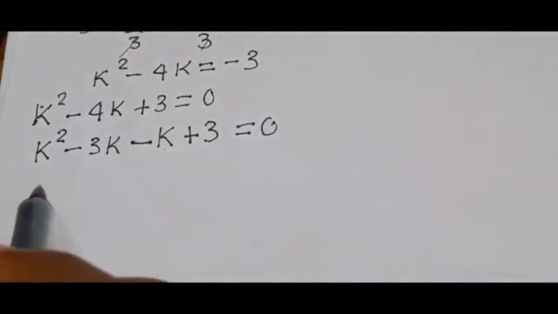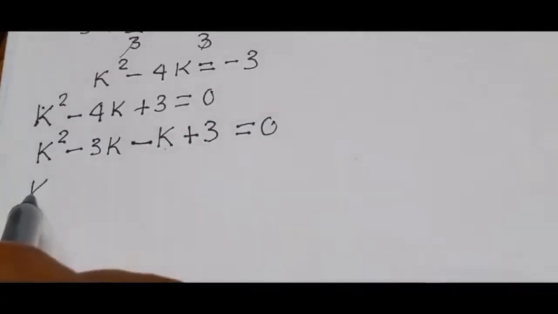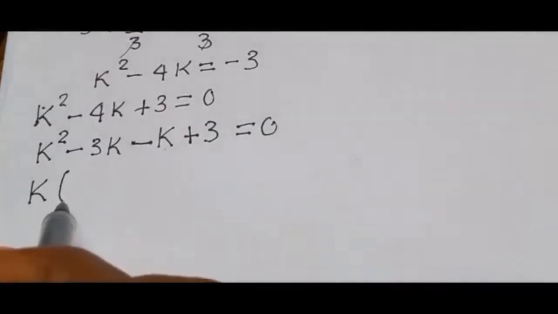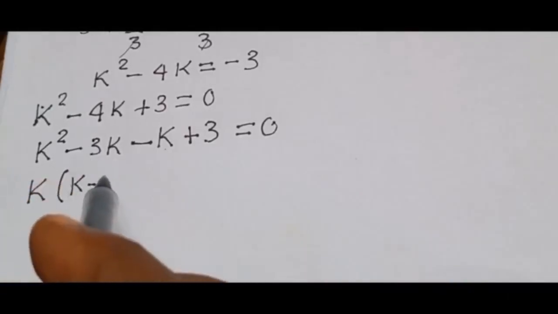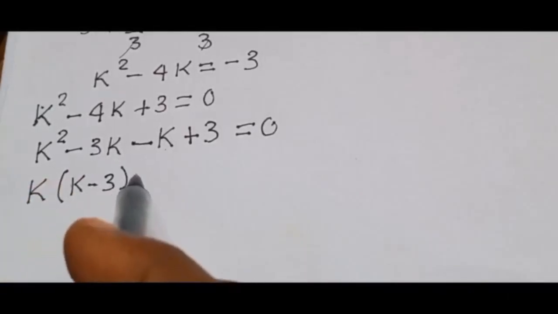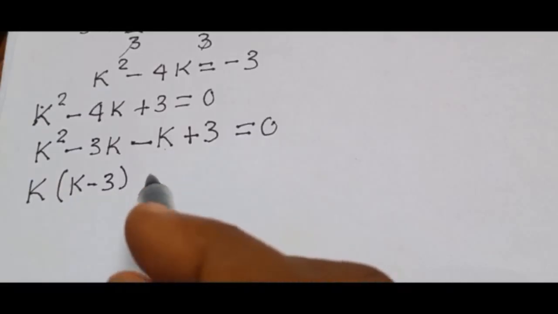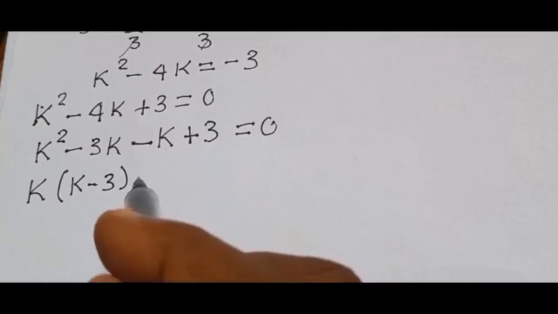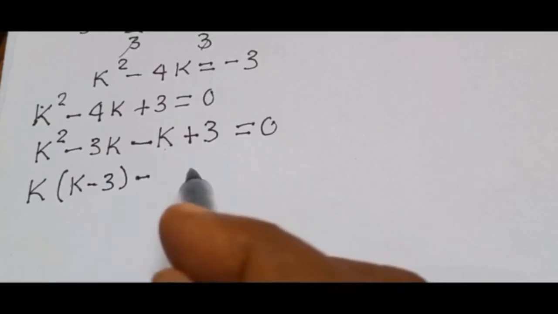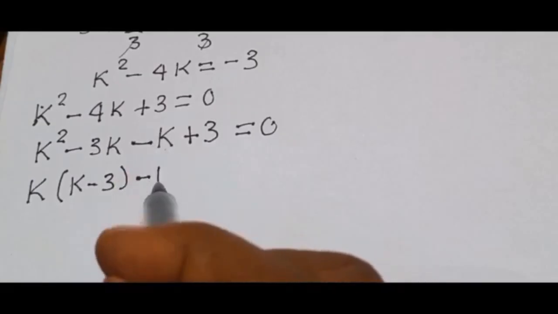Factor out k. Here we have k outside, inside we remain with k, and here we remain with 3. Again here, factor out negative 1.